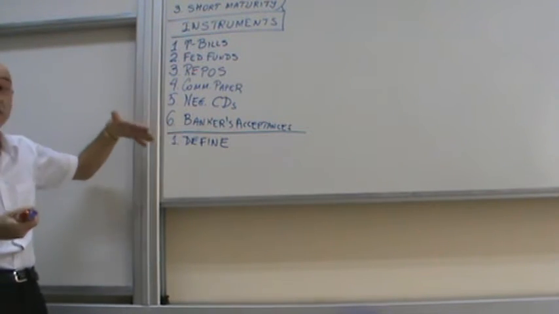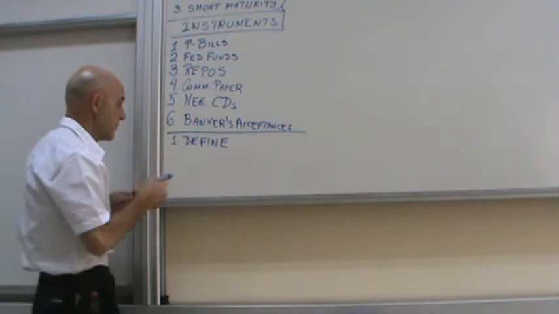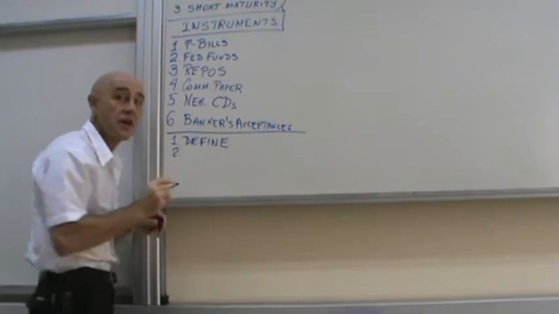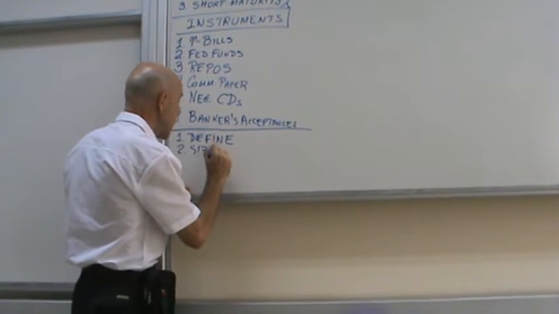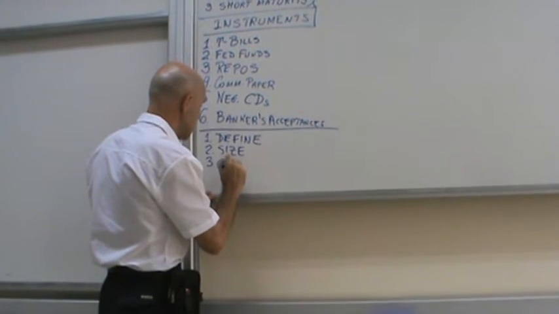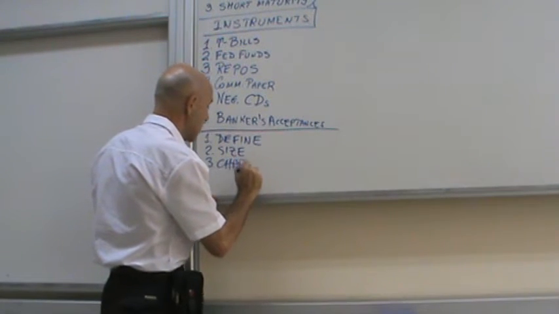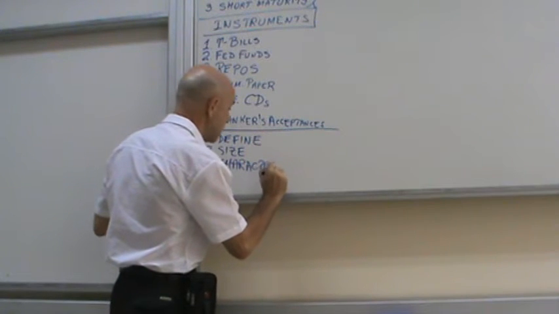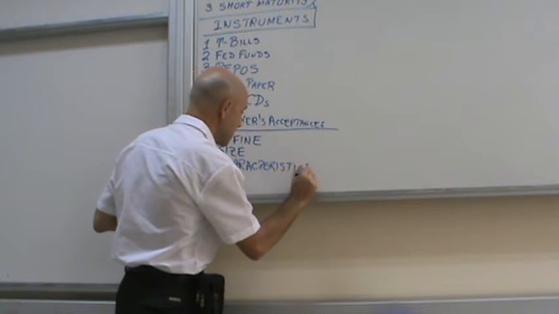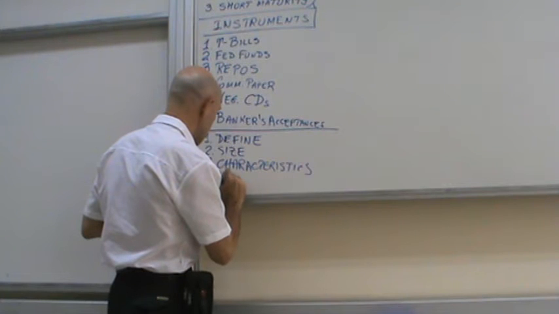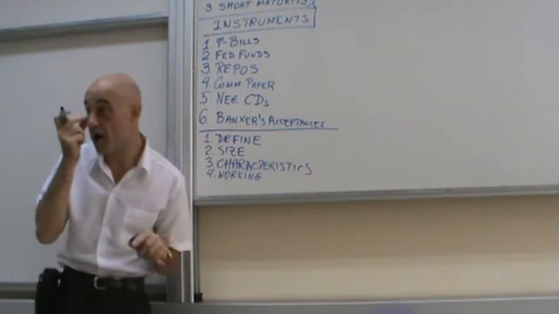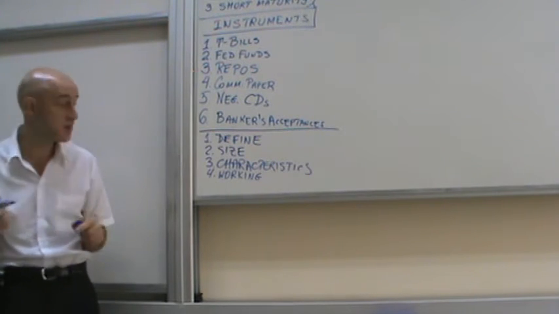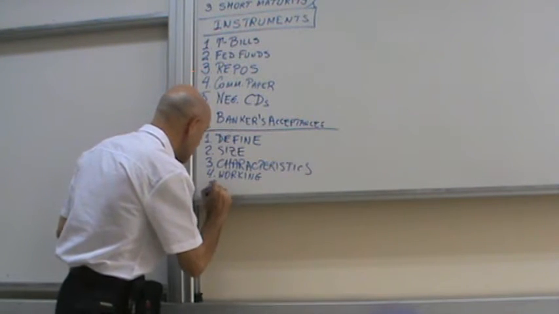So, the description includes a basic definition, may include size, may include some characteristics, will include the working of the market, how the market works, and finally, who?